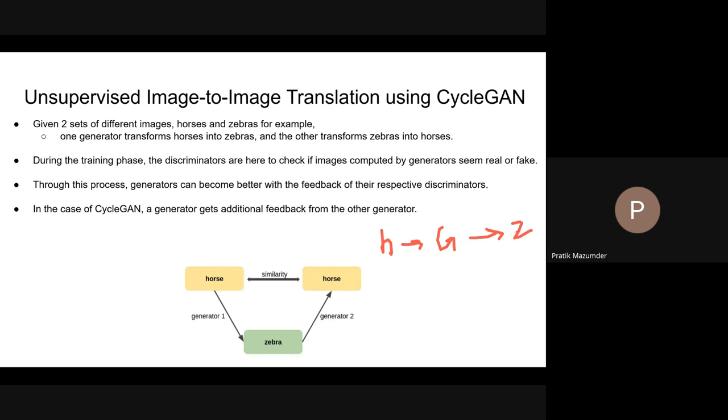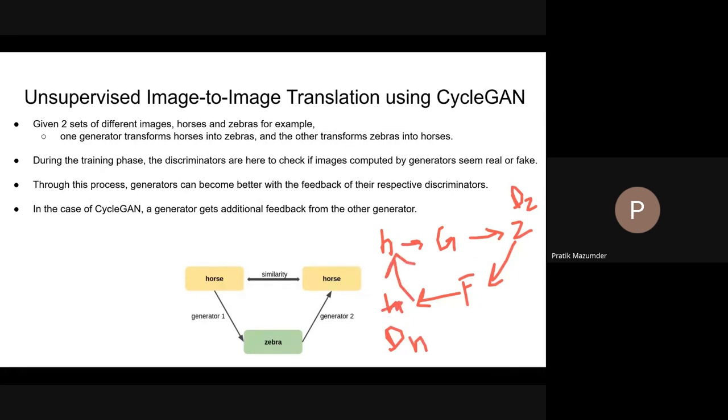There will be a discriminator for zebra as well. But even before doing that, we'll try to get back the corresponding horse image, with the discriminator for horses, and you will have the discriminator for your zebras. So you're achieving a cycle in that way.